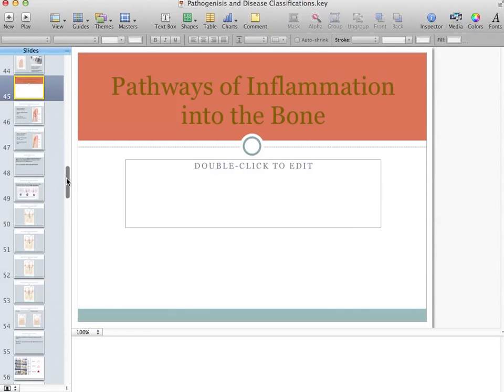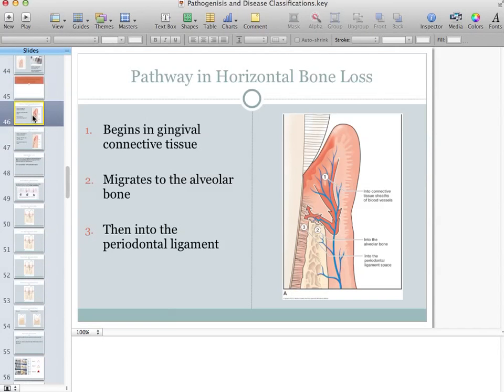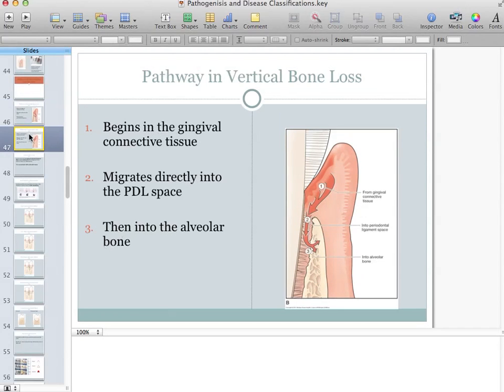All right, pathways of inflammation into the bone. So horizontal bone loss begins in the gingiva, it migrates to alveolar bone, and then into the PDL, right? Nice and evenly. Vertical bone loss migrates into the gingiva, migrates directly into the PDL, and then into the alveolar bone.